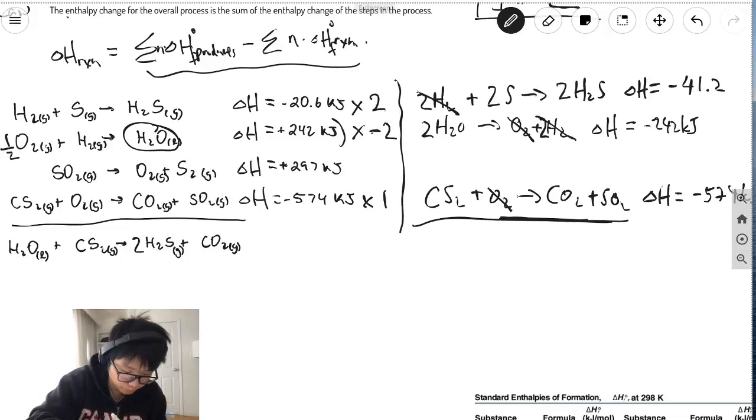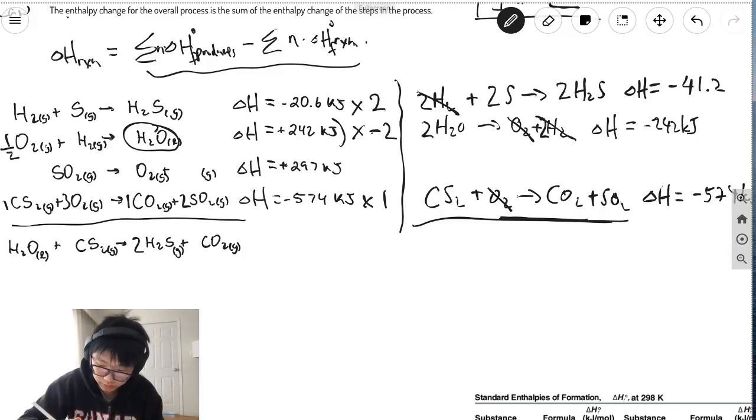The fourth one? Yeah, 1, 3, 1, 2. All right. Let's make sure we change it back on the modified equation. So we need 3 here, 1 here, 2 here.